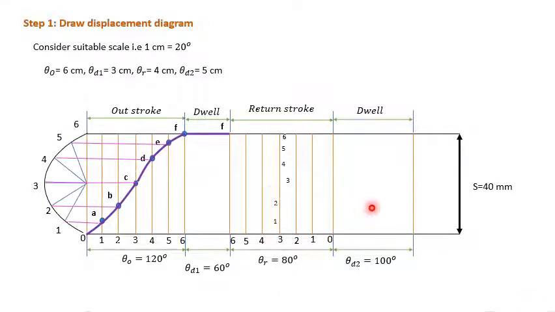So we have to divide this number 3 line into the same equal number of parts. We are dividing it into 6 equal parts. Then identify the corner points. This is one corner point and this is another corner point, because the follower is in the dwell period. Therefore, in order to return to its original position, it has to pass through this return stroke like this. This is the starting point and this is the end point.